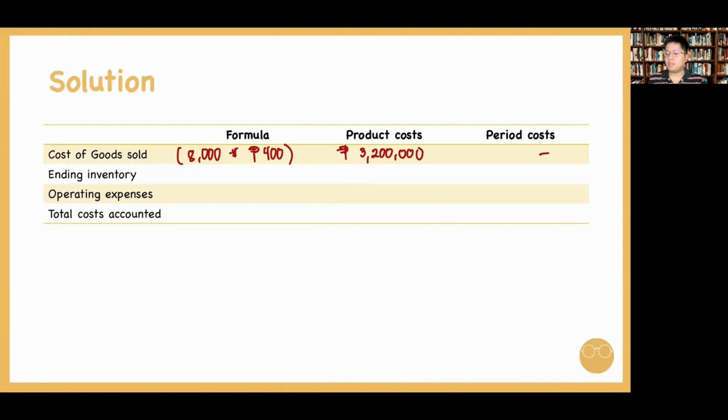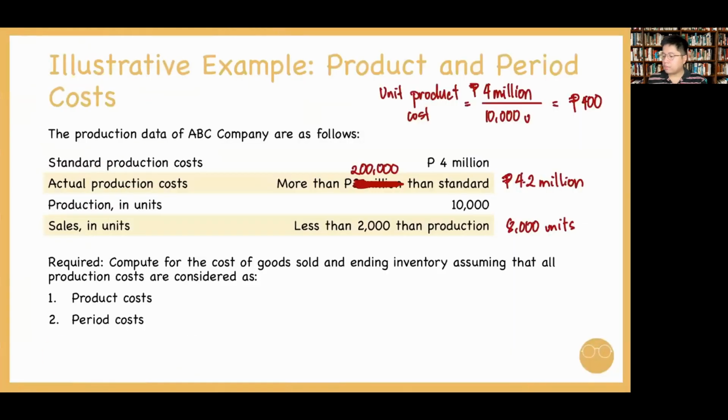Next, for the ending inventory here, since we have the total production of 10,000 units and the quantity sold is 8,000, if we are going to use a T account for the inventory, during the production, our inventory will have a tendency to increase. That will equal an increase of 10,000.